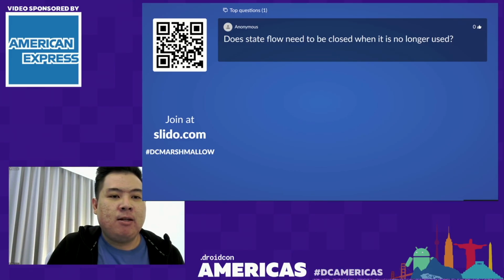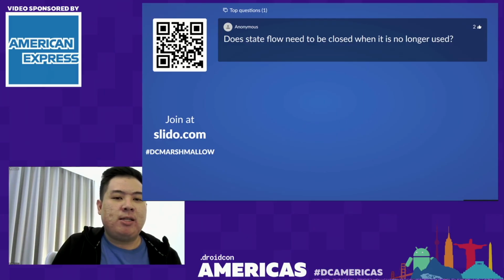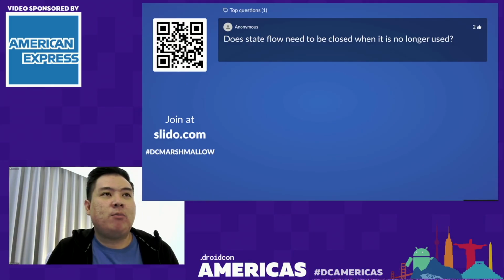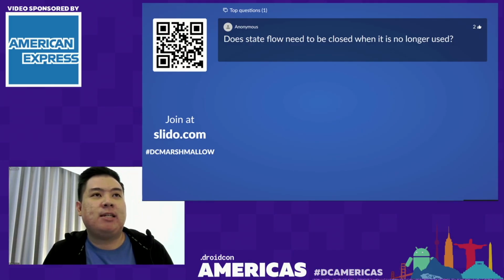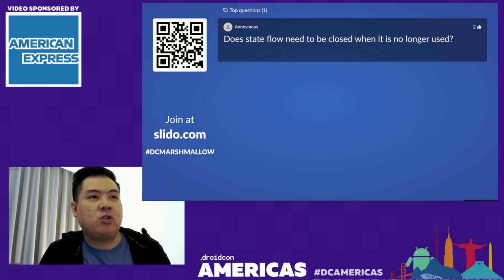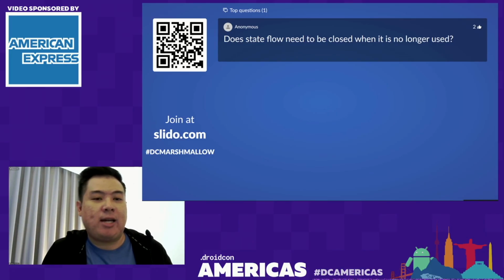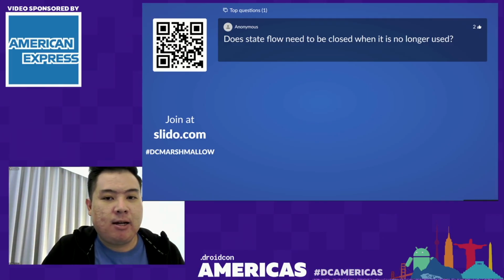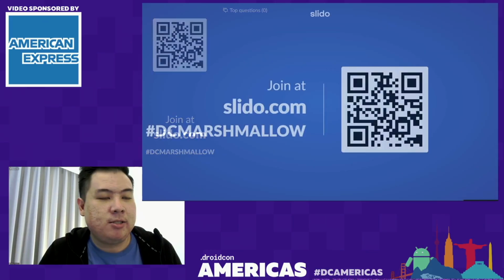So does it need to be closed when it is no longer used? Yes, it needs to be closed, and one of the most convenient ways to achieve this is by using lifecycleScope that I showed you earlier, because it follows the lifecycle. So when it's destroyed, it's also canceled. Thank you for the question, and I don't see any more questions.